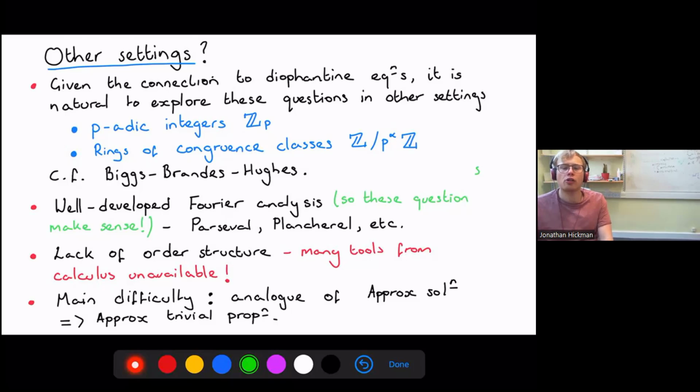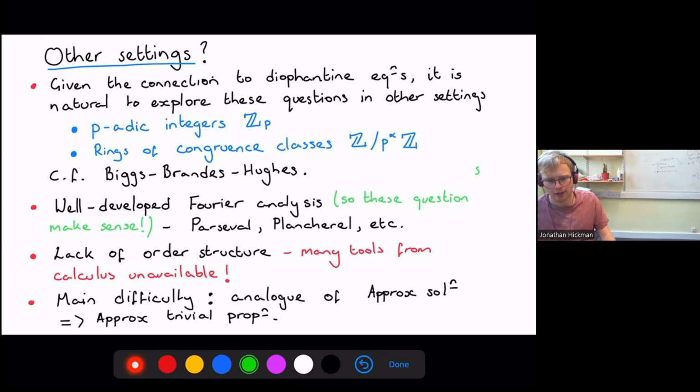But one crucial difference in working over these settings is the lack of order structure. The real line has a total order, which is a characterizing property of the field. And with this comes a lot of the familiar tools from calculus, such as the intermediate value theorem, mean value theorem, etc. All these tools essentially become unavailable when we work in these settings.